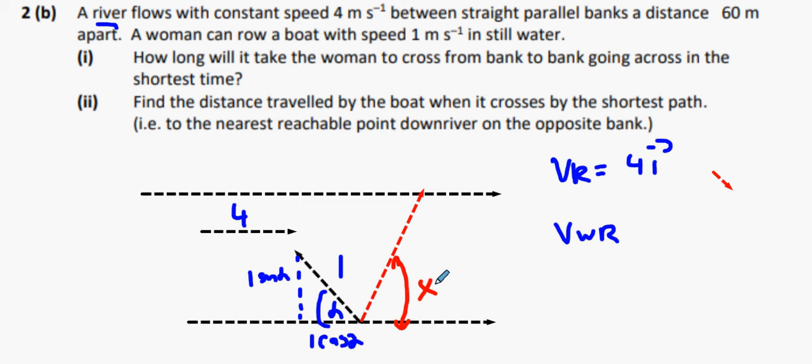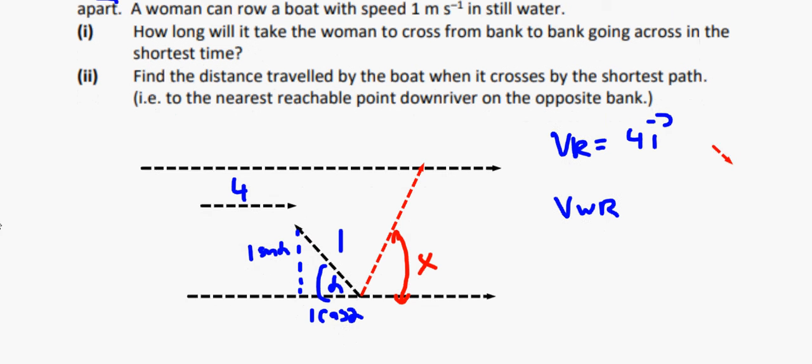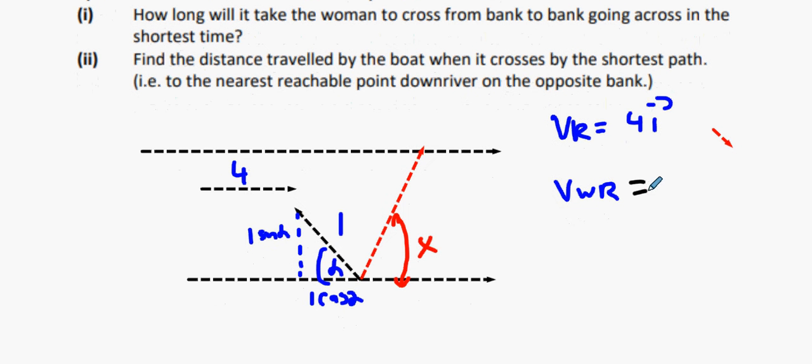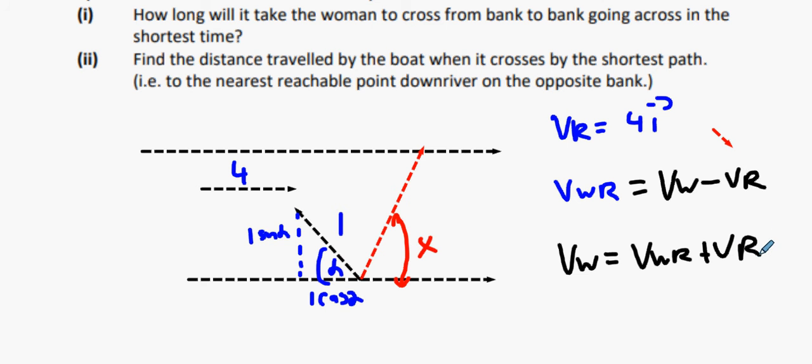Okay? And here's what I recommend. So v WR is the velocity of the woman minus the velocity of the river, alright? So therefore, what are we going to say here? The velocity of the woman is v WR plus v R. Right?